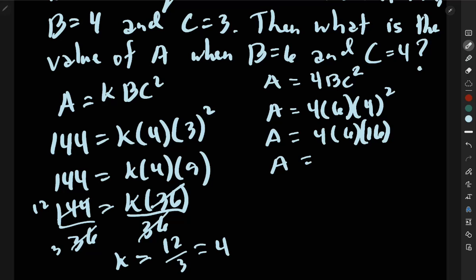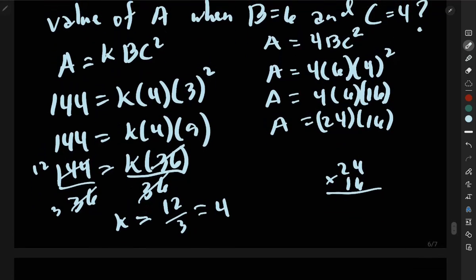So whatever you multiply first, it won't matter. It's the same answer. So I'll just do 4 times 6 first, 24. And then 24 times 16. So I'm going to multiply 24 and 16. 4 times 6 is 24. 2 times 6 is 12 plus 2, 14.